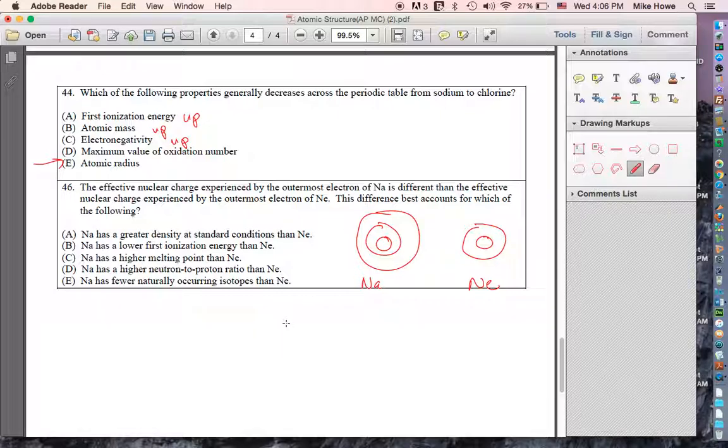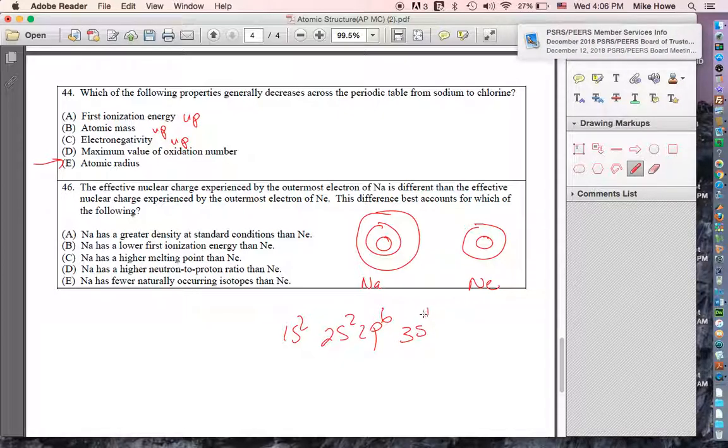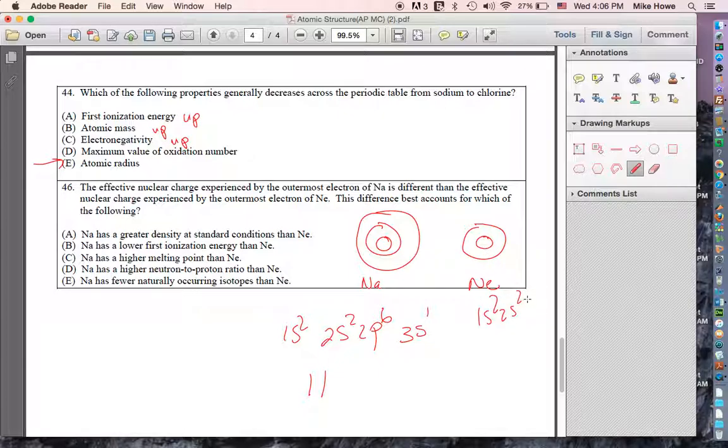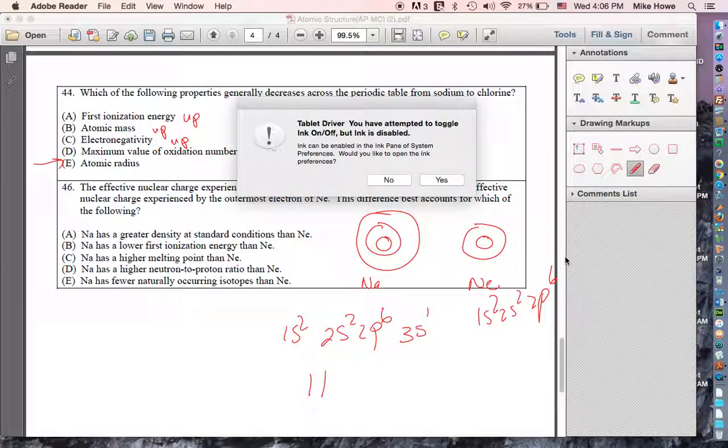So the first energy level just holds the 2 electrons in a 1s. But the second energy level holds the s and the p. So that's 8 altogether. Then the third energy level has to hold 1 more because sodium has 11 electrons. And then neon has 1s2, 2s2, and 2p6 because it only has 10 electrons.